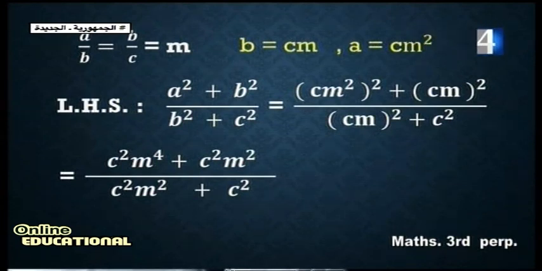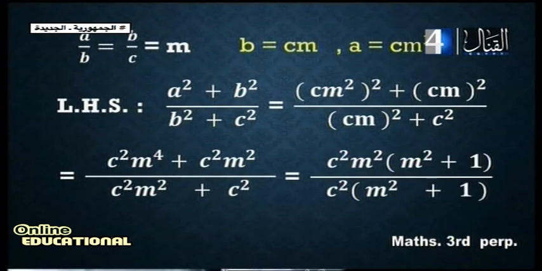Notice carefully, you can take a common factor from the numerator and from the denominator. What about the common factor from the numerator? It is C power 2, M power 2. Then C power 2, M power 2 brackets, M power 2 plus 1.